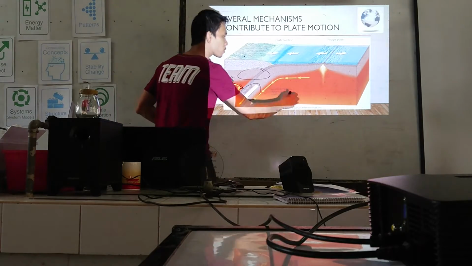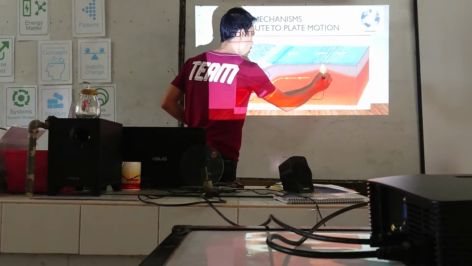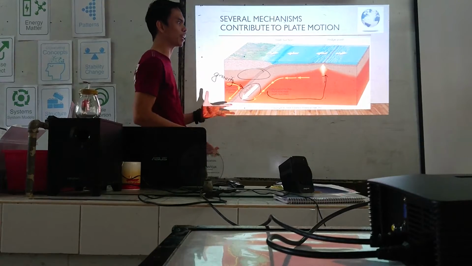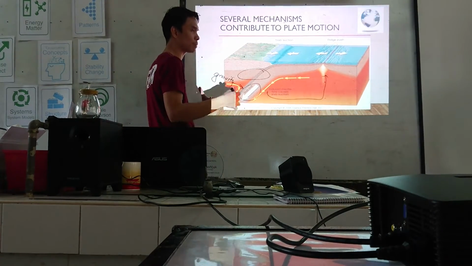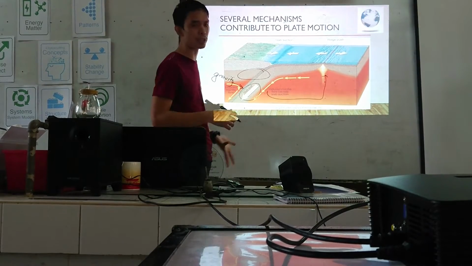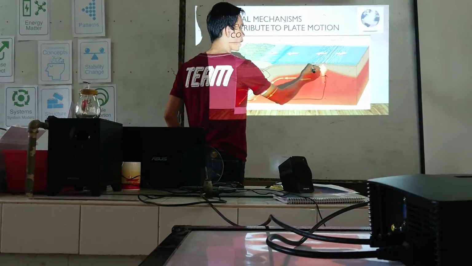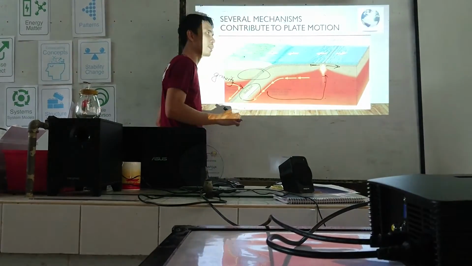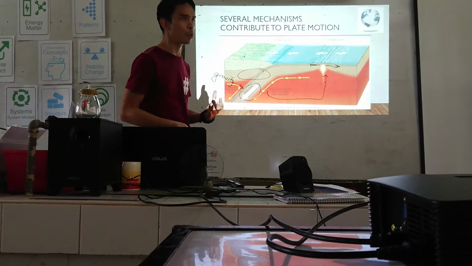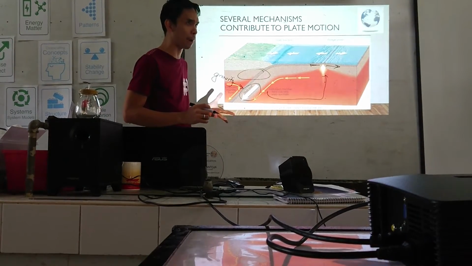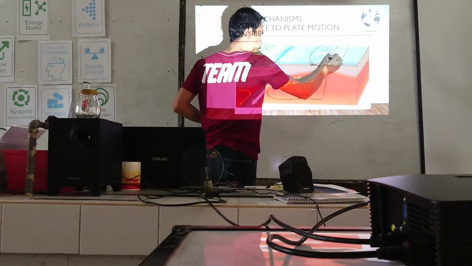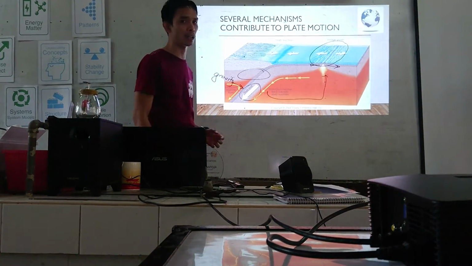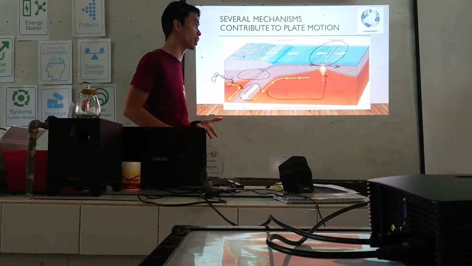Meanwhile, as it goes back to the mantle, there are some materials that are brought upward coming from the mantle. And as it is brought upward, it pushes the plates away from each other. So where is that area possible? That area is in the area called the ridge system, or basically in the divergent boundary.